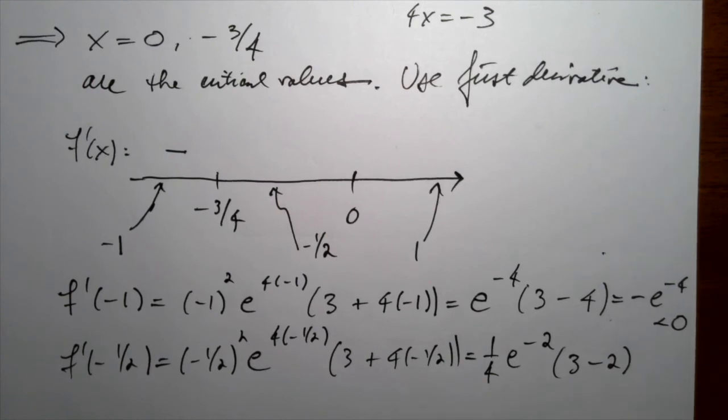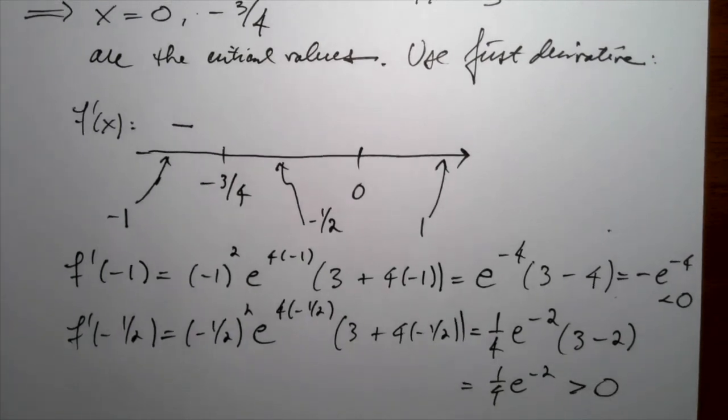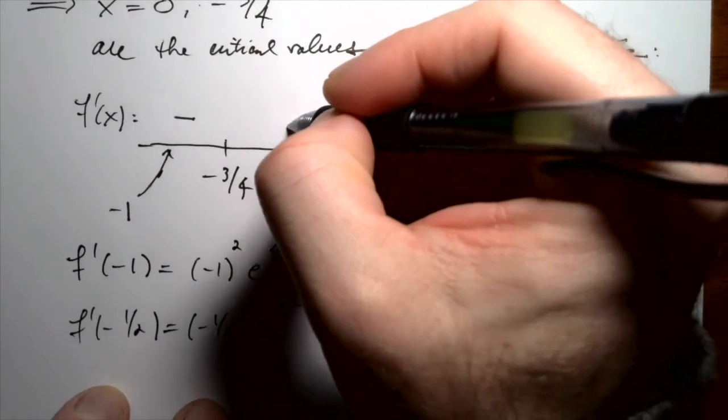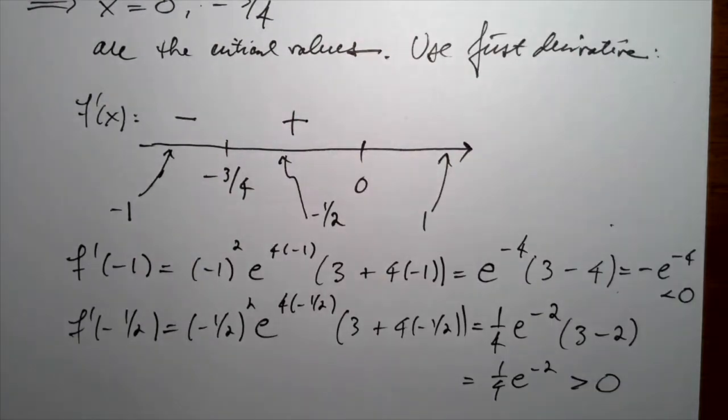Notice that 4 times minus 1/2 is just minus 2 there. And so we end up with 1/4 e to the minus 2 times 1. That's a positive number. You might think it's negative because of the negative in the exponent, but remember, e to the minus 2 just means 1 over e squared. That's a positive number. So the values in between minus 3/4 and 0, the values of the derivative, are all positive. The function is increasing there.